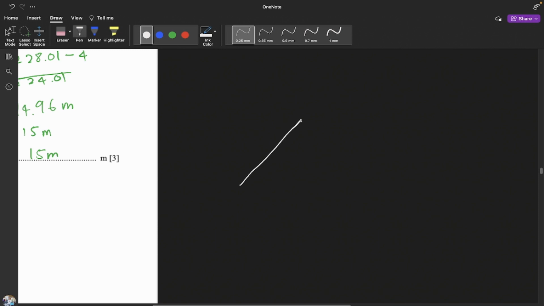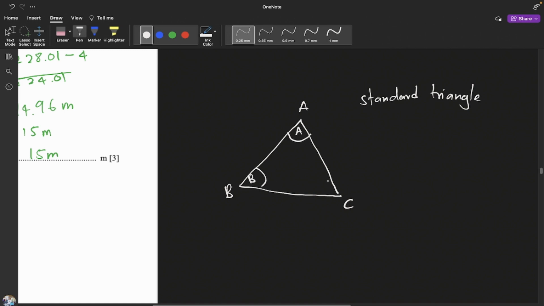Let's say we have a triangle. This is called a standard triangle of angles A, B and C. The opposite sides, let's assume, are a, b and c.